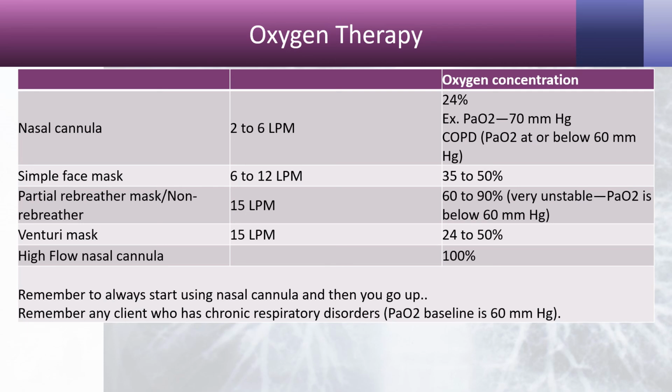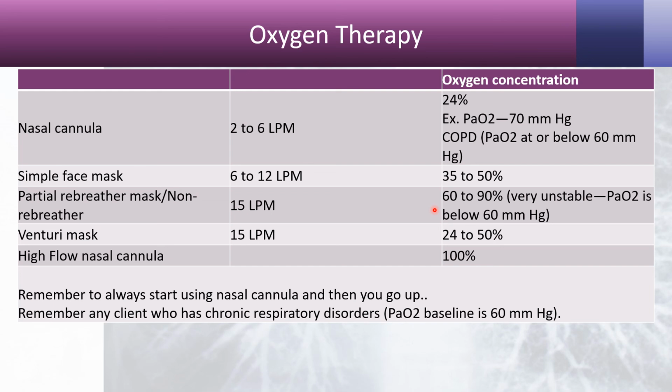Now, with oxygen therapy, remember that there are many types because it depends on your patient's condition. So as you can see here, the lowest oxygen component that you can give is via nasal cannula, wherein you're giving 24% oxygen concentration. While for simple face mask, you're giving a higher percentage of oxygen, which is about 50%.